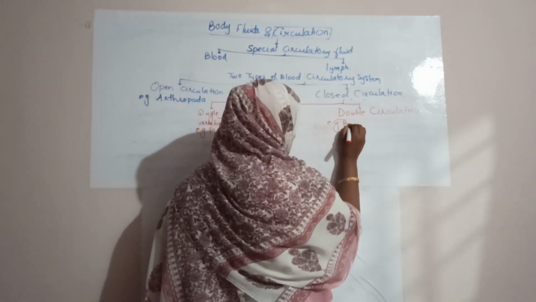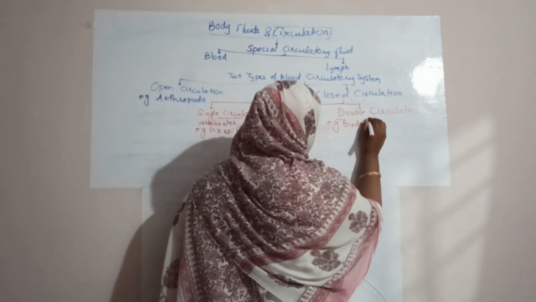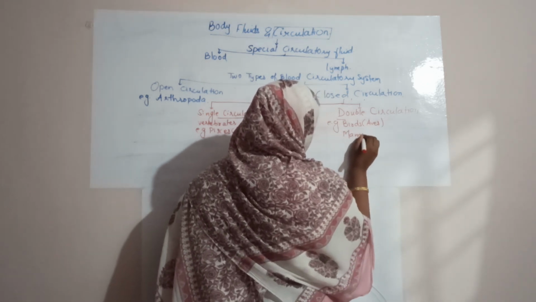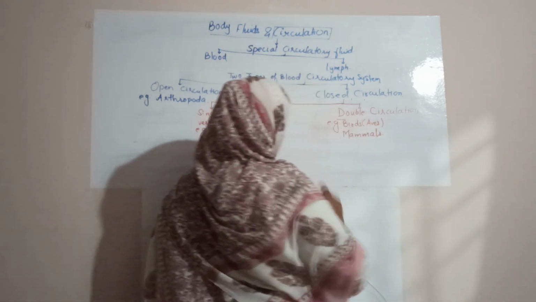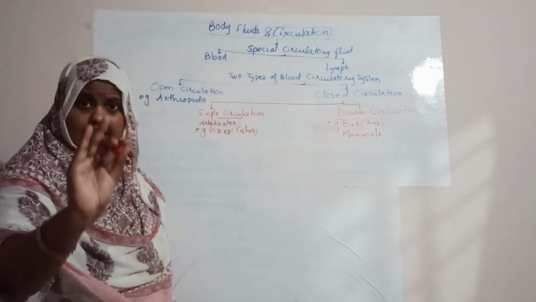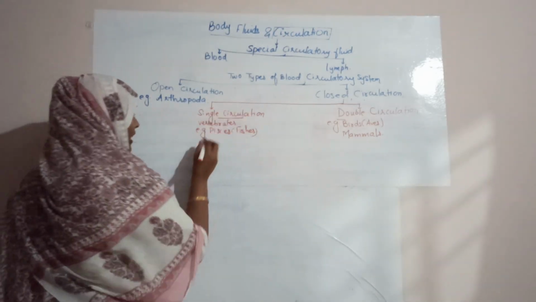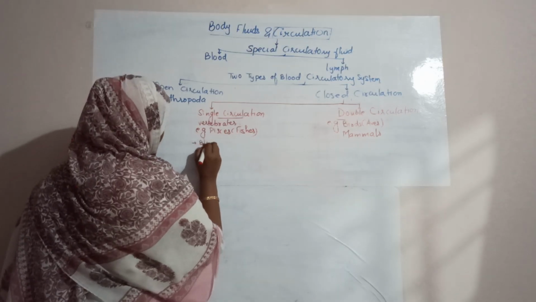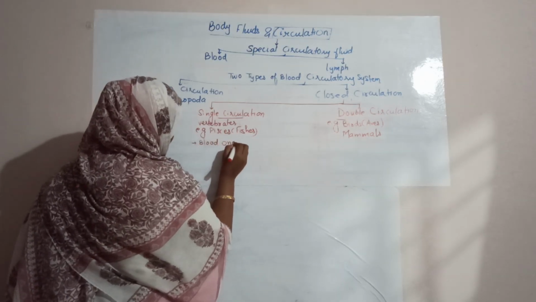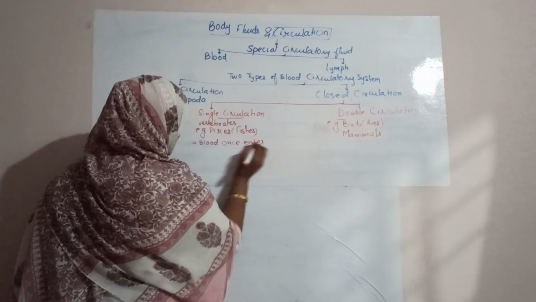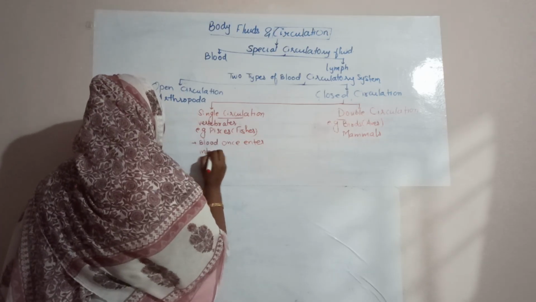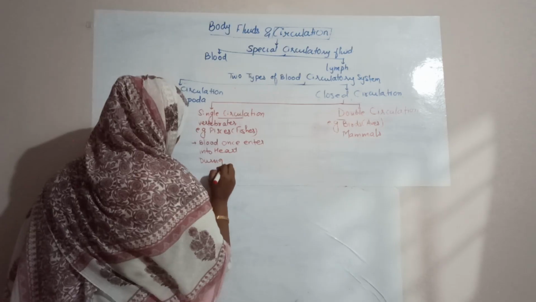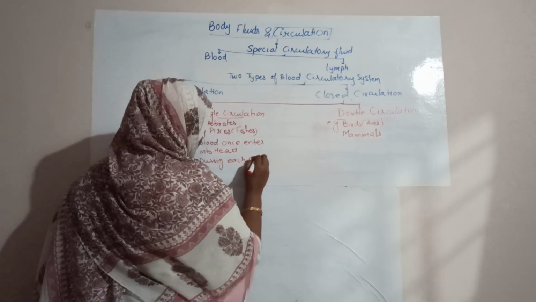Example is which one? Birds, or we can write aves, and mammals. Okay. Understand single and double circulation? In single circulation, particularly, what happens? Blood enters the heart once during each cycle.